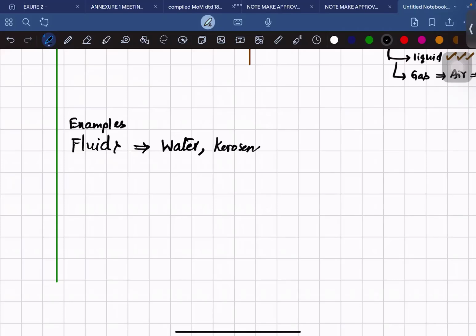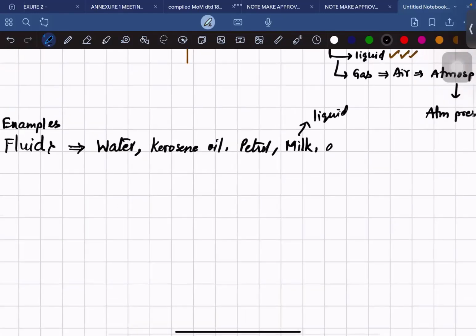Kerosene. Petrol. Yeah, petrol is one of the fluids or liquids. Anything else? Milk. Yes, perfect answer. Air. Yeah, air can also be a fluid.